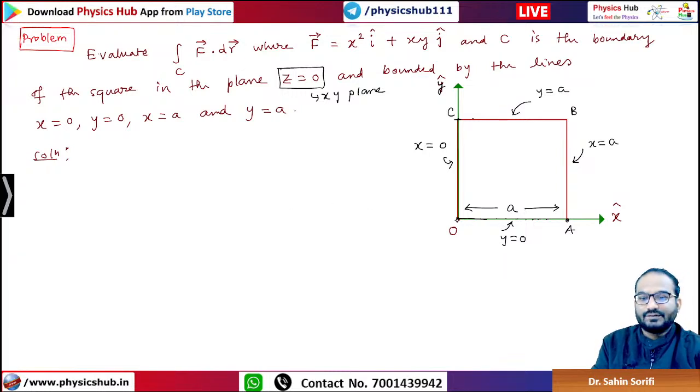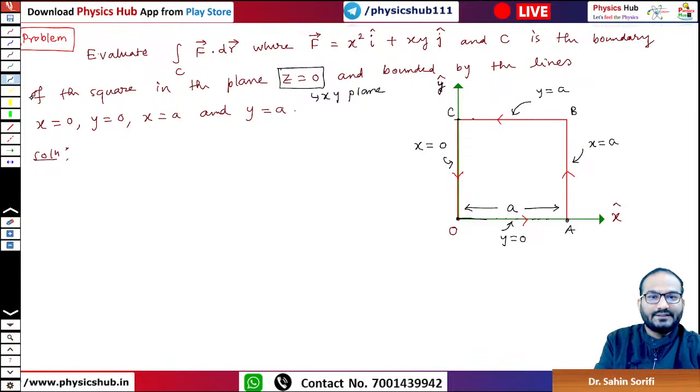You see, it is taken in the anti-clockwise direction. Always take the closed curve C to be in the anti-clockwise direction. So you are evaluating the line integral along this path OA, AB, BC, CO, right?